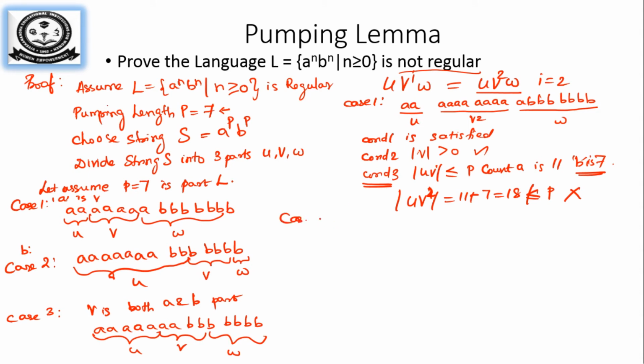Similarly for case 2, we will check condition 3 alone. We write U V squared W. U is written once: all 7 A's and 2 B's. V squared is 4 B's, which has to be repeated twice, so B B B B B B B B. Then finally W is 1 B. So what is the length of UV squared?